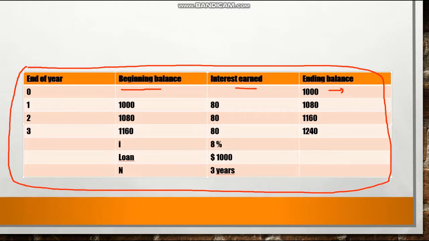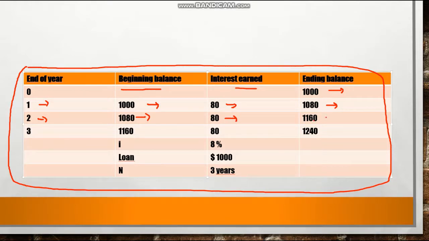At the end of the first year, our beginning balance is $1,000, and the interest earned from the 8% is $80, for a total of $1,080. Then we start again with $1,080 at the end of the second year. Then we will earn again on the principal amount, which is $80.